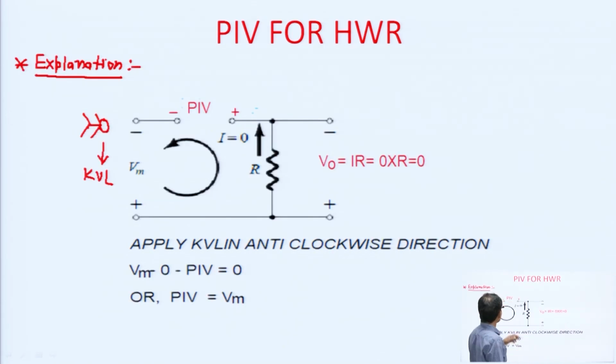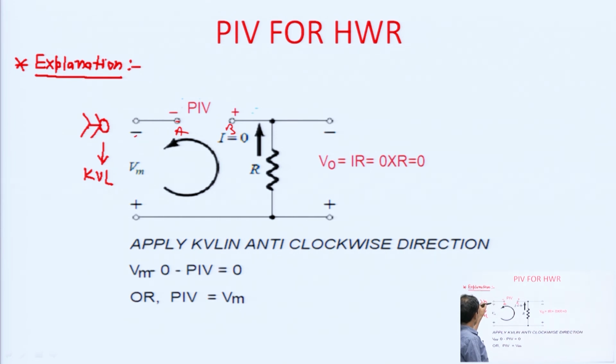Now, for the half wave rectifier, since for the negative half cycle the diode is in reverse bias, we will calculate the PIV. This is minus, this is plus. Now what is the maximum reverse voltage across these 2 points? No need to worry, just by using KVL we can find it. Apply KVL in the anti-clockwise direction.